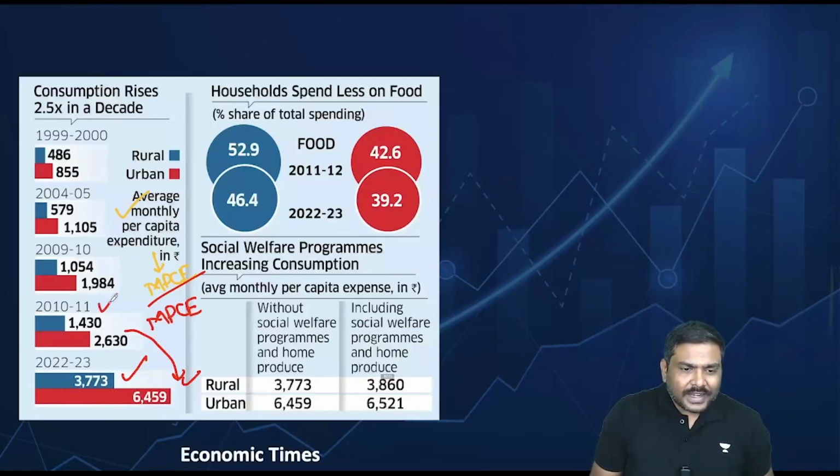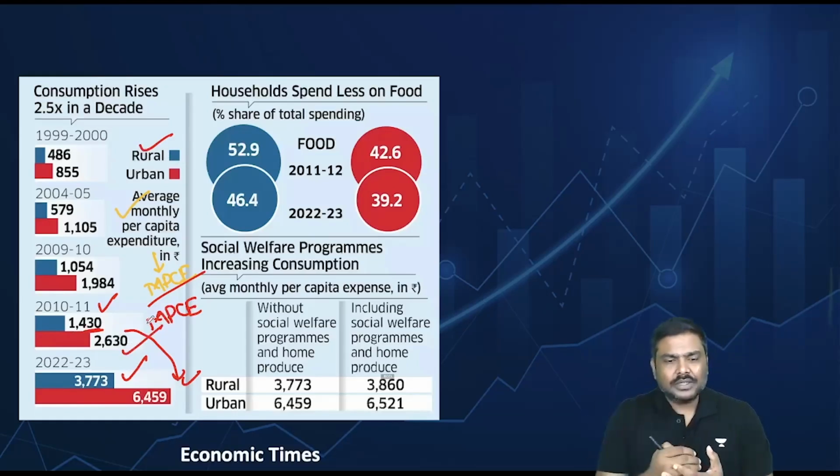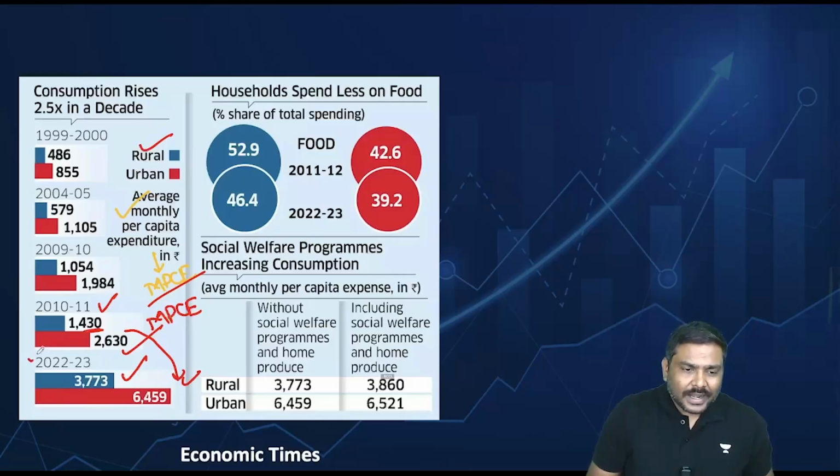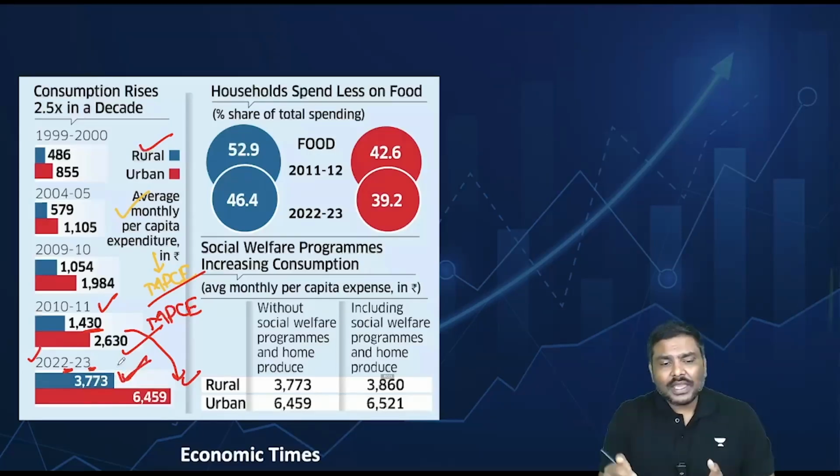For 2010 and 11, it was 1430 rupees for rural India and 2630 rupees for urban India. And now, as per the latest data, 22 and 23, this has increased to 3773 rupees for rural India and 6459 rupees for urban India.